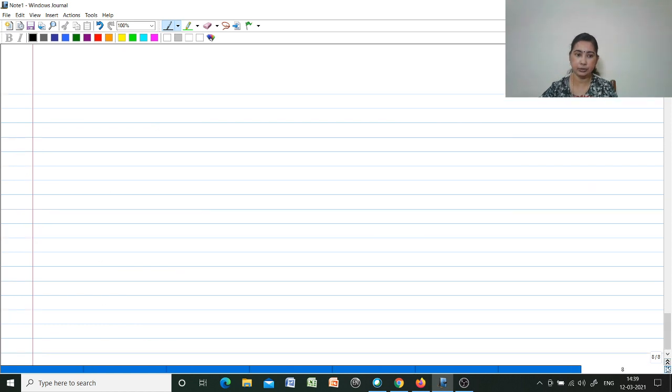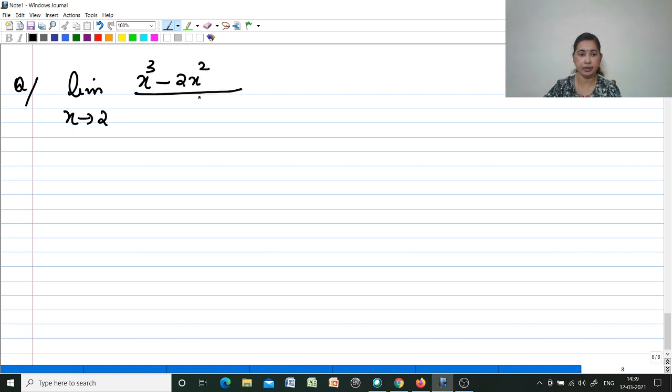Then next one, limit x tends to 2, x cube minus 2x square divided by x square minus 5x plus 6.